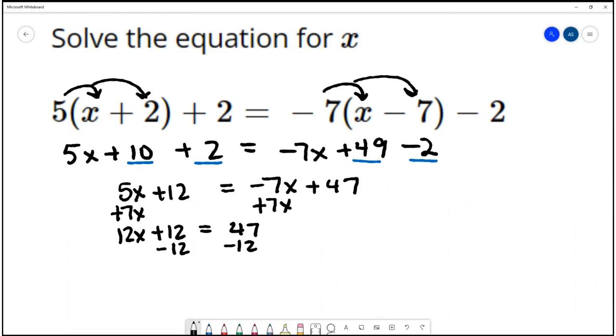Subtracting 12 on both sides gives 12x equals 36. Excuse me, that's 35. And I'll divide both sides by 12 to get x by itself, and we have our solution of 35 over 12.